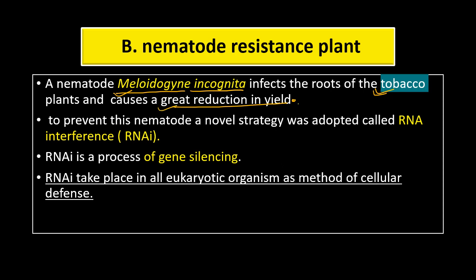To prevent this nematode, the strategy adopted is known as RNA interference technology. This RNA interference technology helps in gene silencing. So what is gene silencing? It means genes are not expressed.